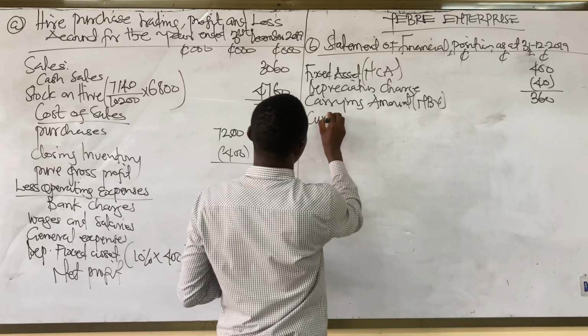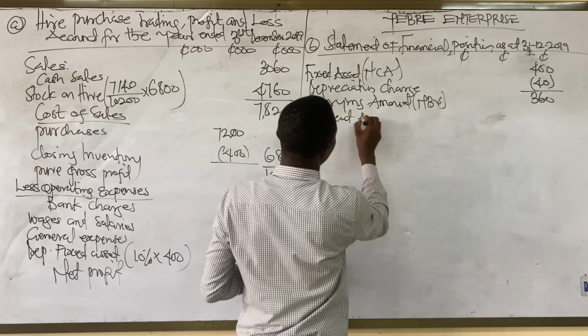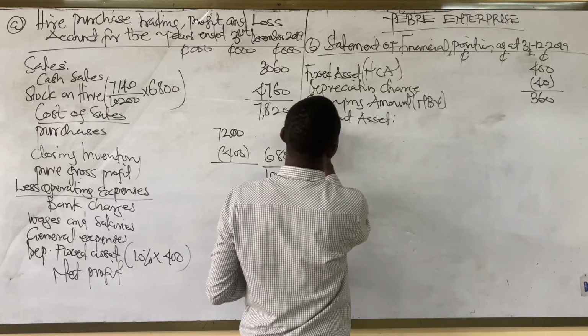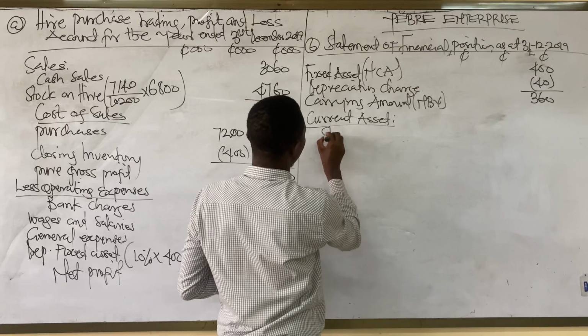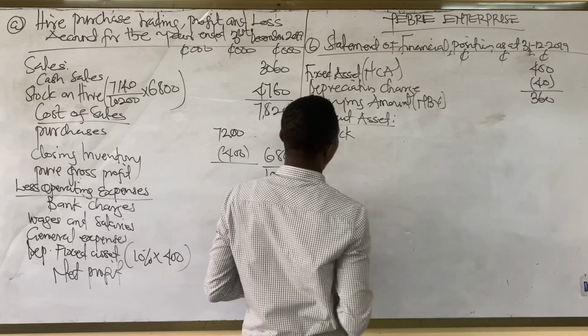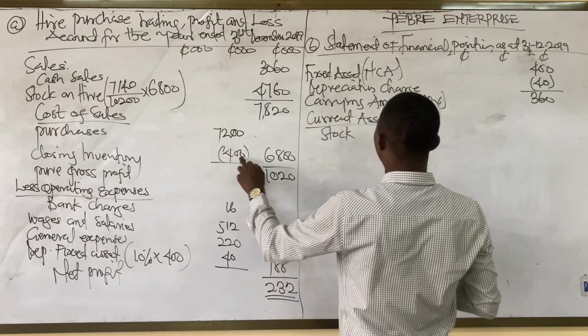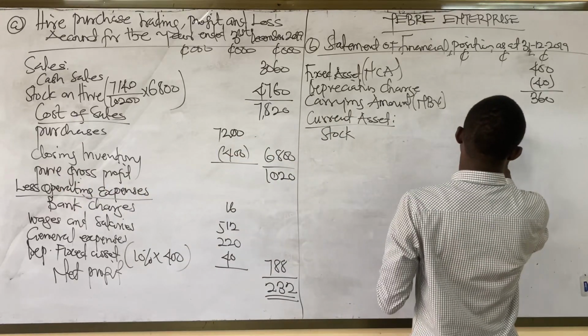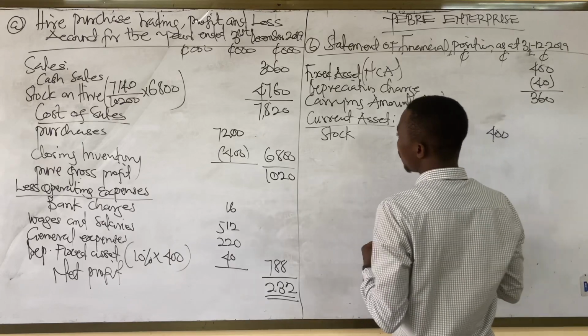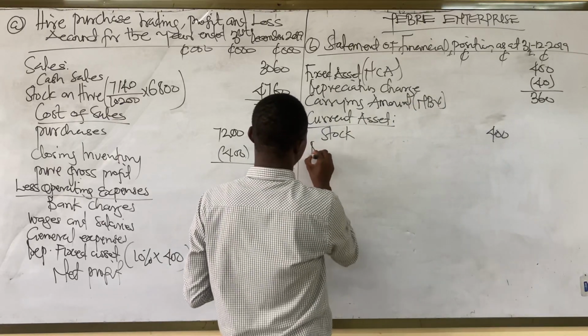Then we consider the current assets. We have the stock, that is the closing inventory. And we've determined that already, the closing inventory of 400 cedis. And then we have the debtors amount.